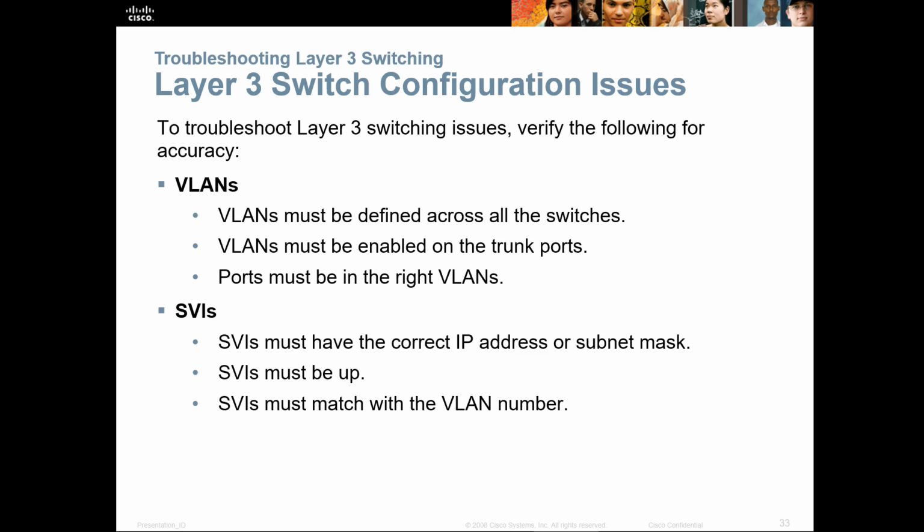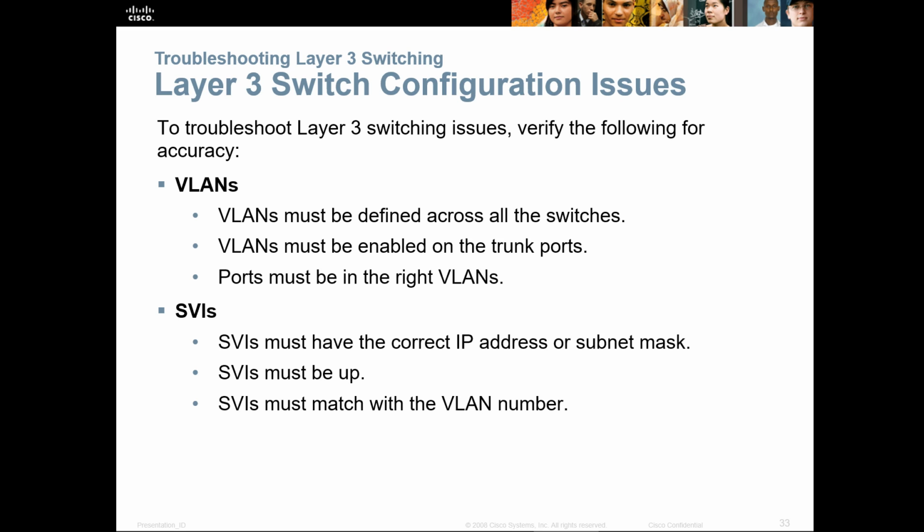So, configuration issues, last thing to cover. VLANs must be defined across all switches. If you're doing VLAN 2, make sure VLAN 2 is on all the switches. Make sure the appropriate VLAN is defined on all switches. Next, VLANs must be enabled on the trunk ports.